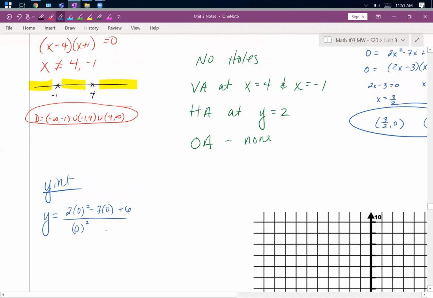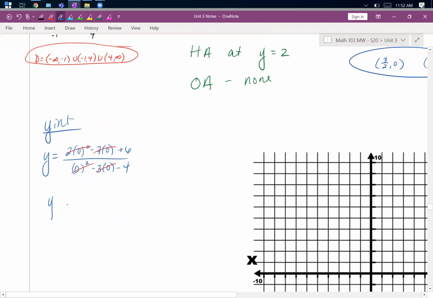The reason I like it is because I can do it easily without a calculator, because any term with an x ends up disappearing, and you're just left with the ratio of the constants. So y equals 6 over negative 4, which is negative 3 halves. We get the ordered pair 0, negative 3 halves.